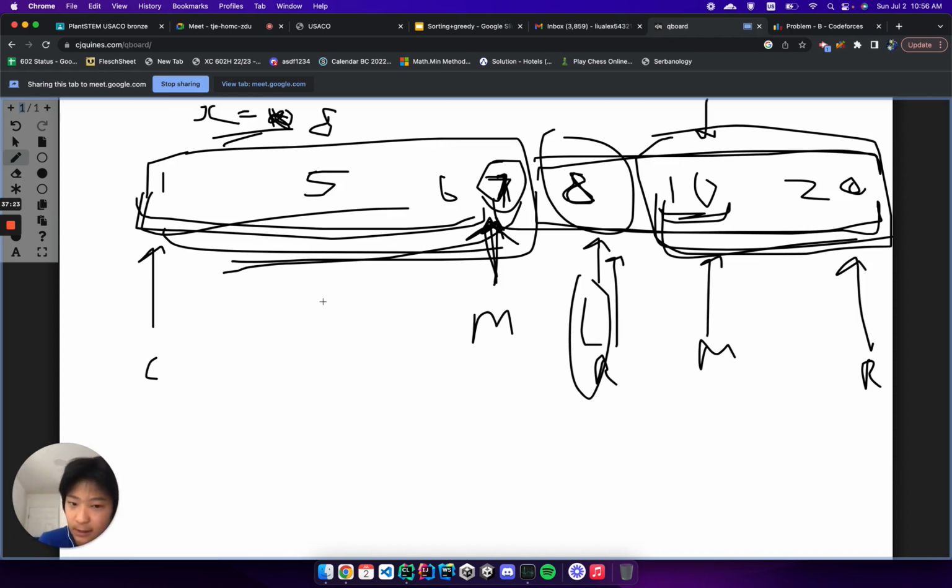So now in terms of the complexity, what's the complexity of this? What do you guys think the complexity will be? Yeah, because it's the same idea as before.